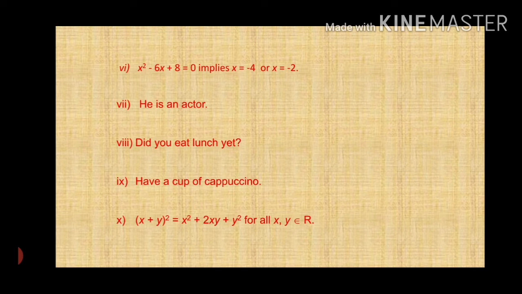But over here what they have given? X is minus 4 or x is equal to minus 2. But our answer is x is equal to 4 or x is equal to 2. That means this is false. So we write it is a statement, its truth value is F. Okay? Very simple, and they have given many examples so that you will become expert in this question.